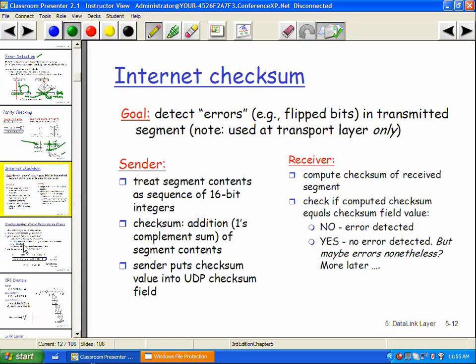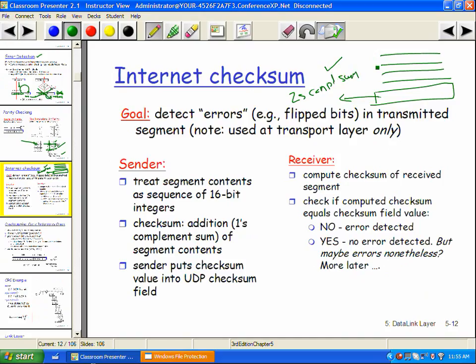The next one is the internet checksum. And we saw this a couple chapters ago. So all you do is that you have a bunch of data and you just calculate the 2's complement sum. Okay, you just basically keep adding, but you don't carry, and then these become your error correction bits, and then you check on the other side again if the error correction bits match and if there's an error or not.